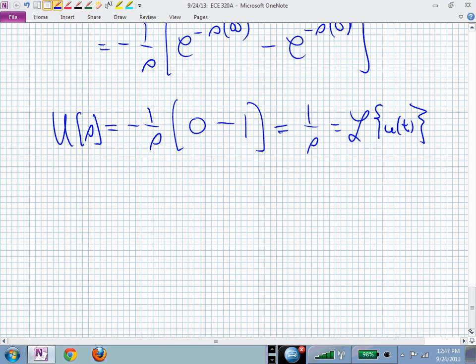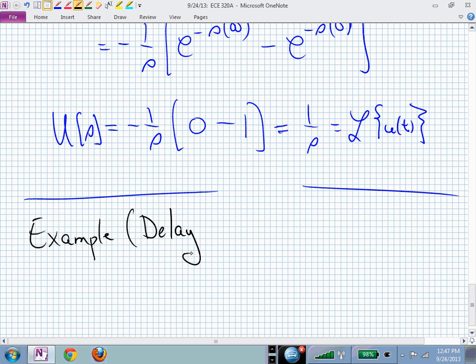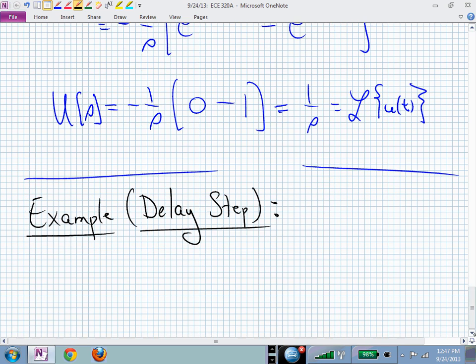What if we delayed that unit step, started our time axis a little later? What will that do to this functional description of the Laplace transform of the unit step? Here's a delayed step. And again, this is a unit step, which has an amplitude of 1, is what I'm assuming.